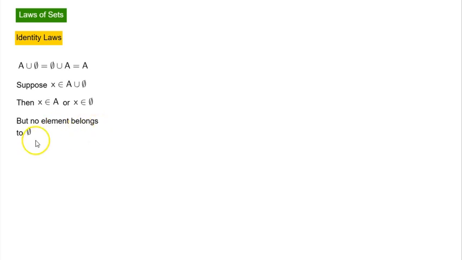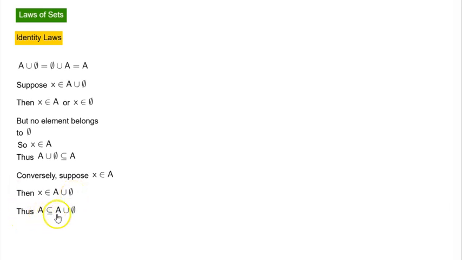Then X is in A or X is in the empty set. But no element belongs to the empty set. So X has to be in A. Thus A union empty set is a subset of A. Conversely, suppose X is in A, then X is in A union empty set.